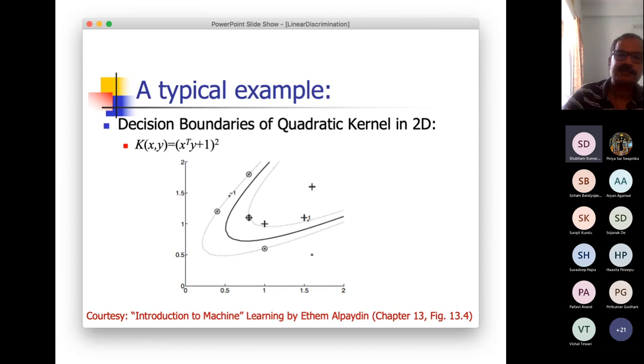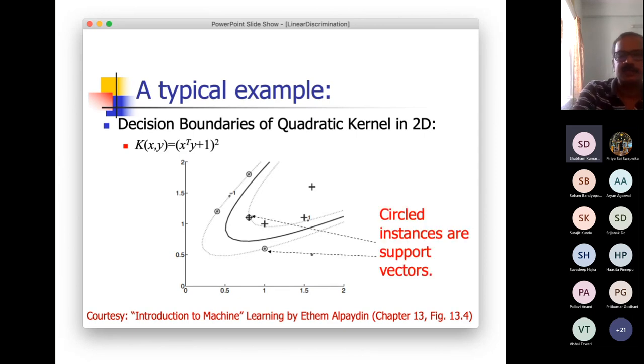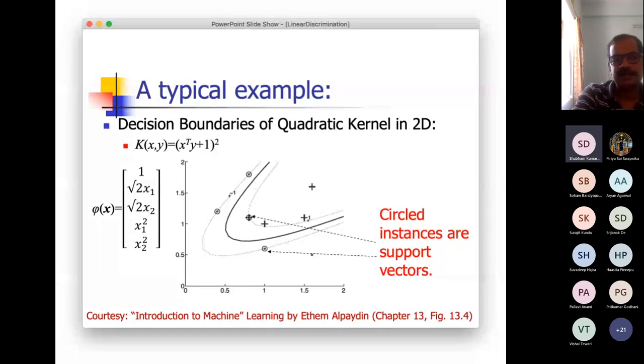So this is one kind of shape that has been shown here, and this decision boundary is obtained by the degree 2 polynomial, quadratic polynomial, of the kernel functions. In fact, it can be shown that this is equivalent to transformation of the feature space into a 6-dimensional space, and if I apply the linear SVM in that 6-dimensional space, you will get the equivalent result.